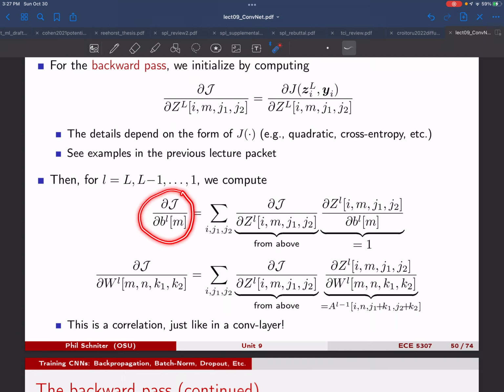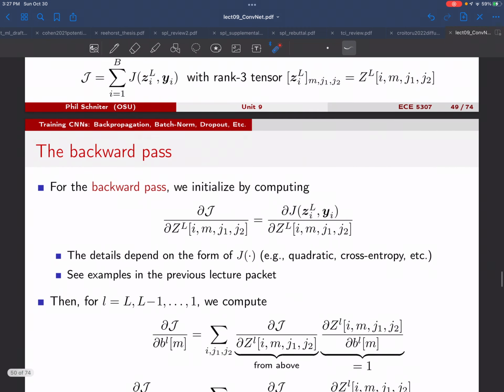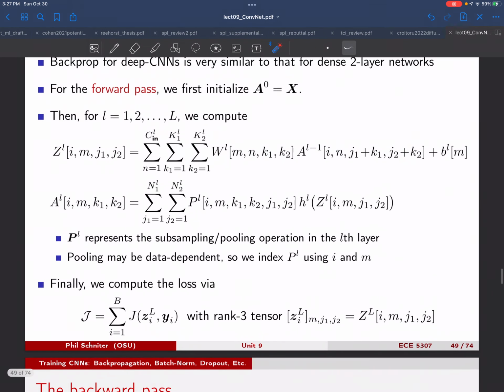For dJ/dbL_m, we have to do the multivariable chain rule where we sum over all the batch indices and all the output pixels. Other than that, the calculus is pretty easy from here. dZL/dbL_m is just going to be 1.